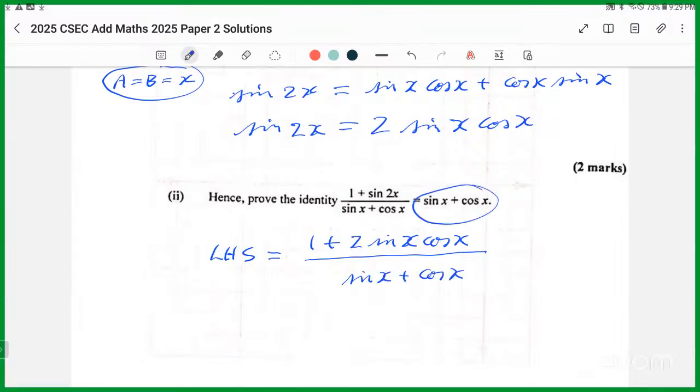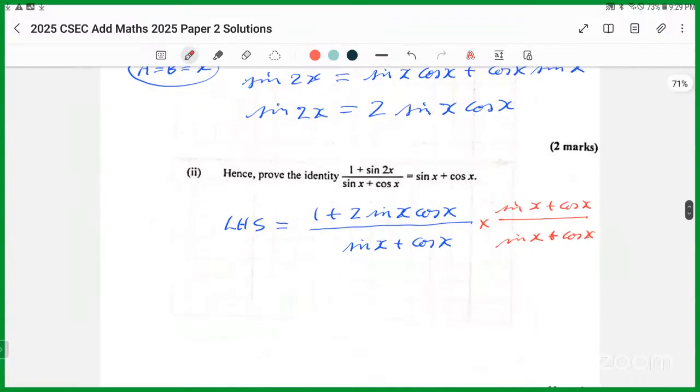Now look at this result. I need it over 1, right? I need it on the numerator. So what I'm going to do to force it is to simply multiply this thing by the same thing, sine x plus cos x over sine x plus cos x. And work it out for sure.